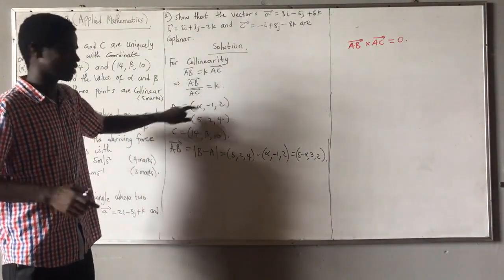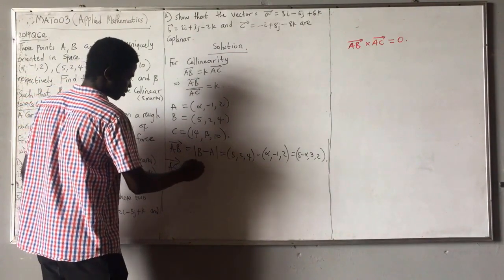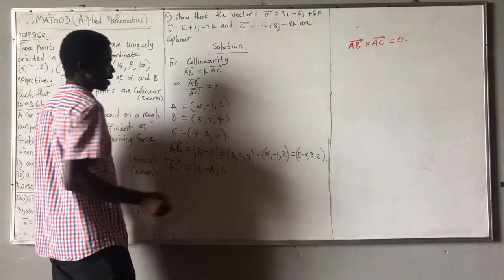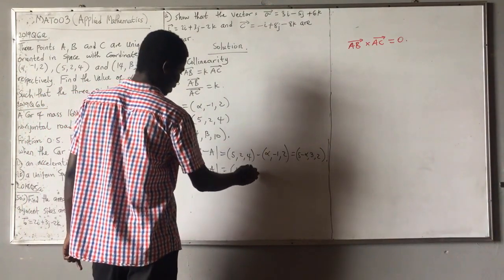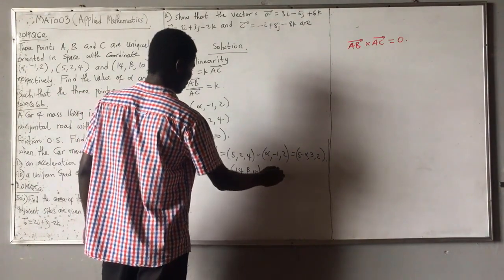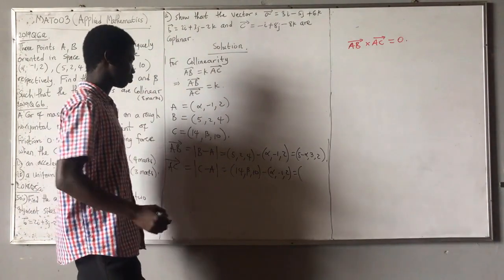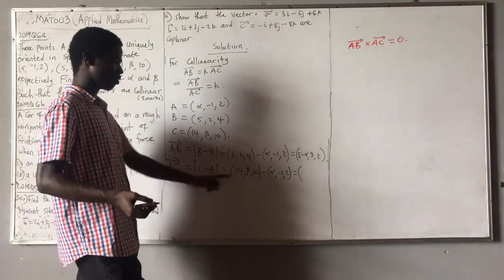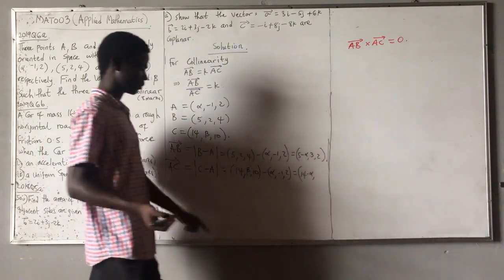Now, I need to find AC. What is AC? C minus A. What is C minus A? C is (14, beta, 10) minus A, (alpha, -1, 2), which is 14 minus alpha.